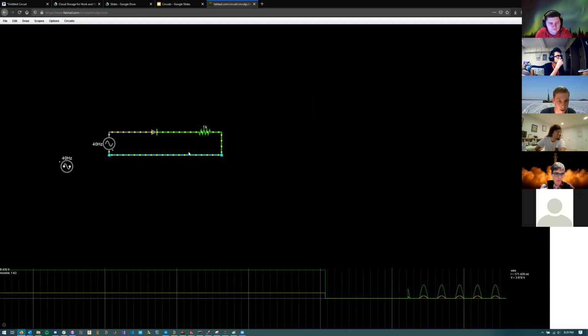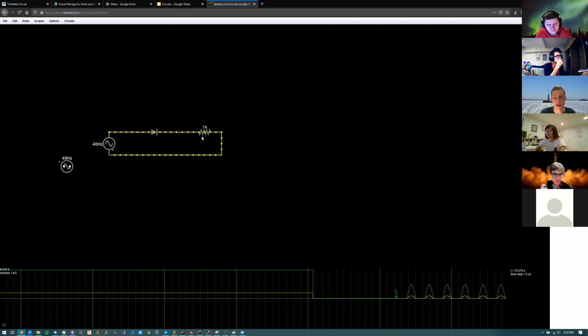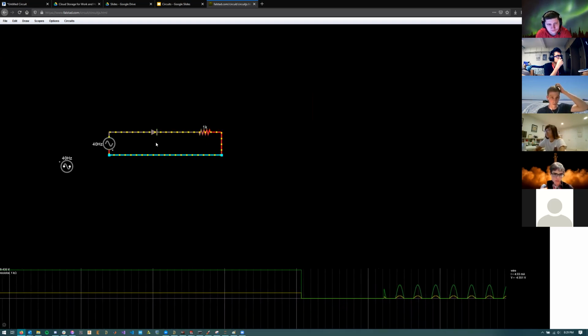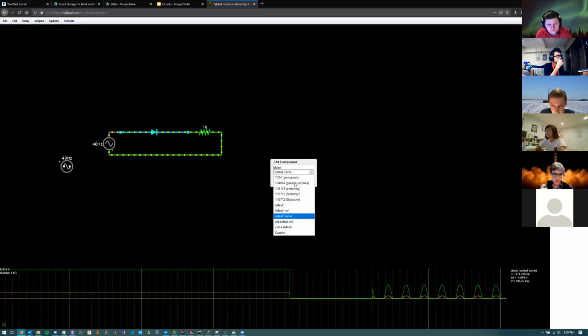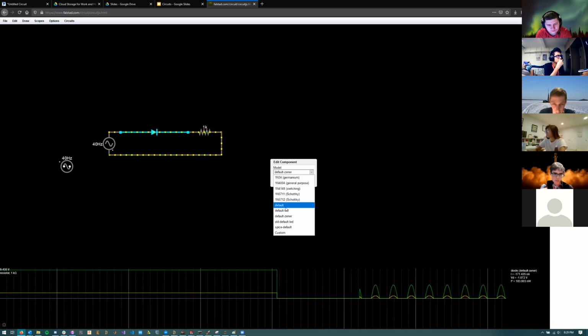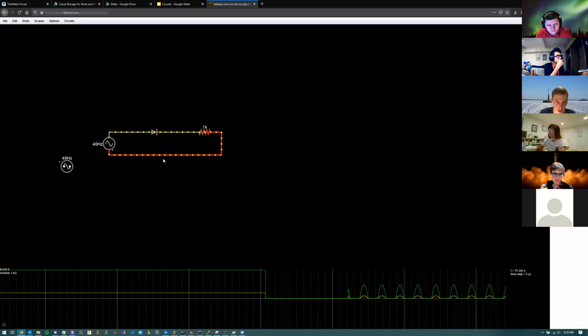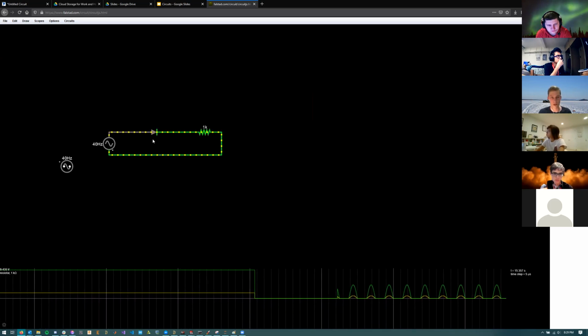And generally, that will always use a diode, called a rectifying diode. Essentially, it's going to limit the flow of current to only one direction.